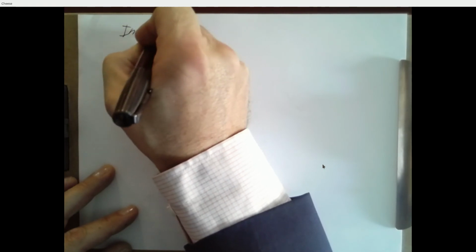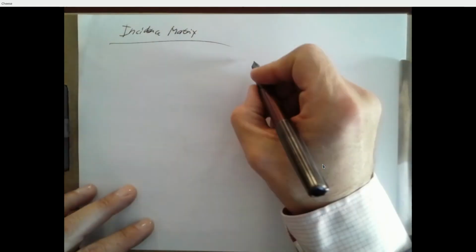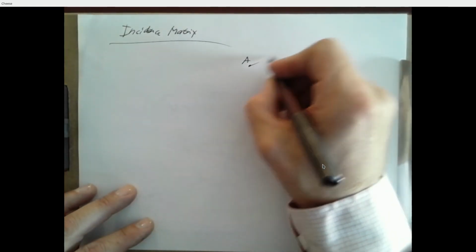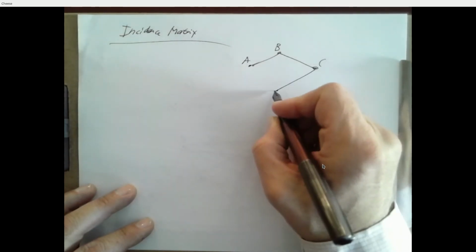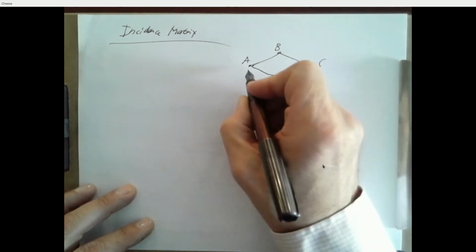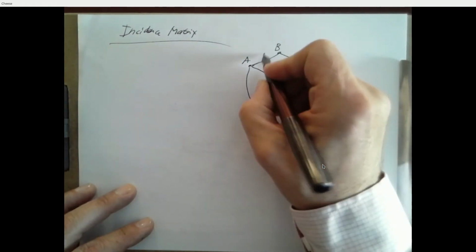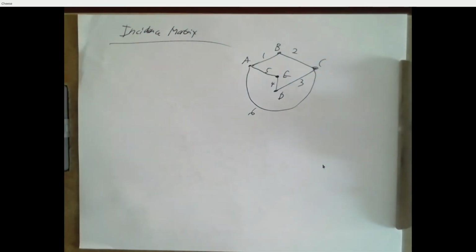So an incidence matrix. An incidence matrix is like an adjacency matrix, but we store incidence information instead of adjacency information. So example: vertices A, B, C, D, E, and here are our edges, 1, 2, 3, 4, 5, 6.